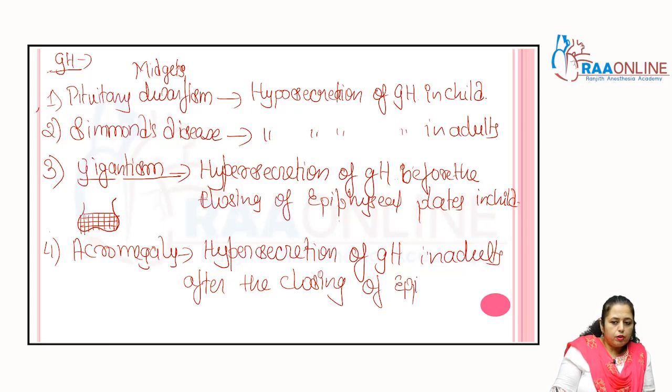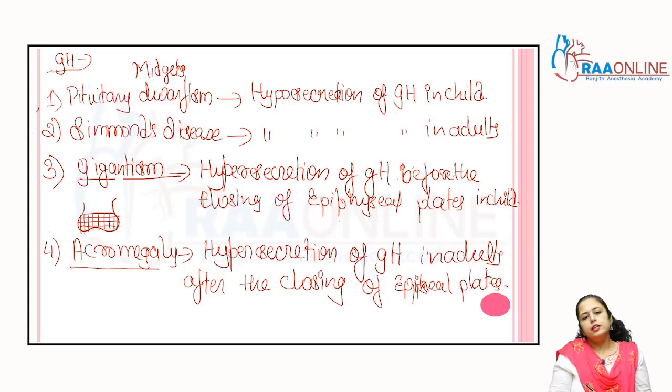When it acts after the closing of the epiphyseal plate, then it is called acromegaly. If before the closing of the epiphyseal plate, then it is called gigantism. Clear? So these diseases are related with the growth hormone, right?